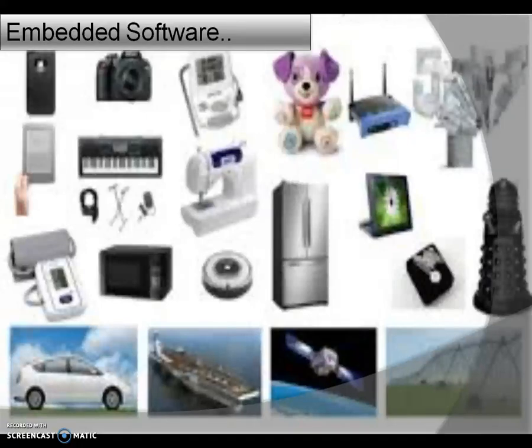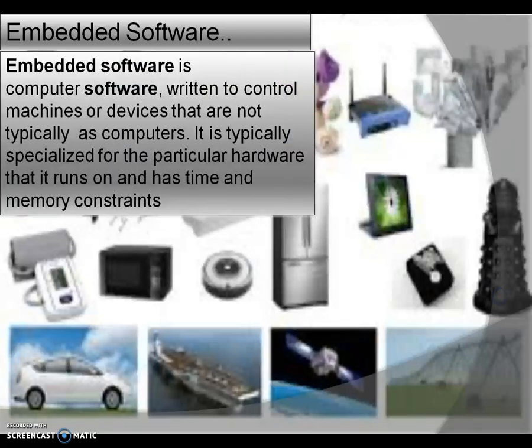The software which is used to create or develop an embedded system is known as embedded software. Let us see the definition. It states that it is software which is written to control the machines or devices which are not typically a computer.